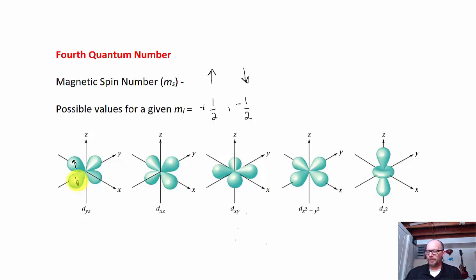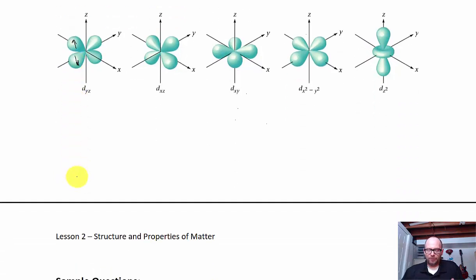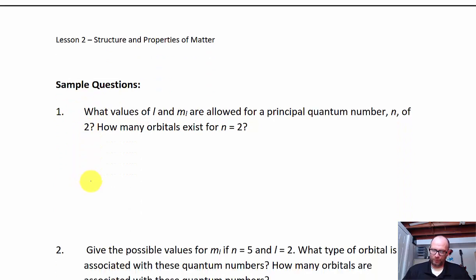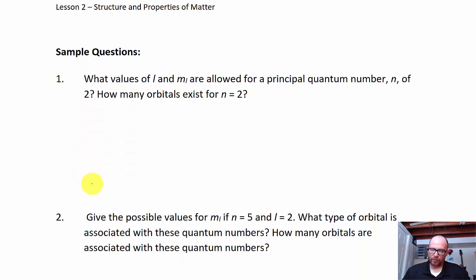This is a massive amount of information that we've gone through, and we're talking many, many years of scientific research. So let's bring that down to something a little bit more palatable with a couple of sample problems.